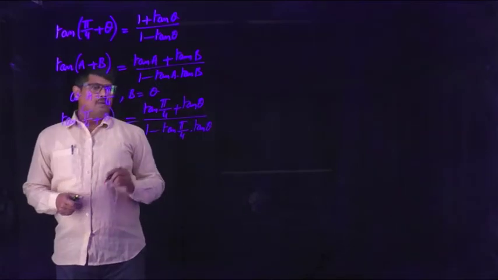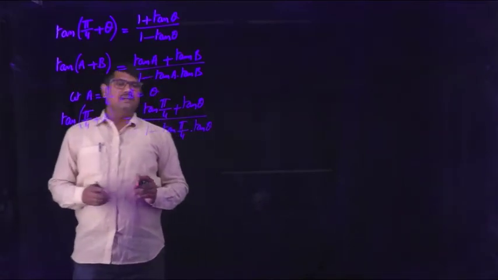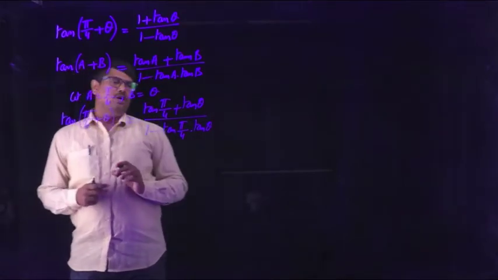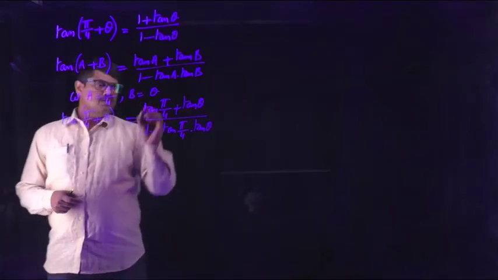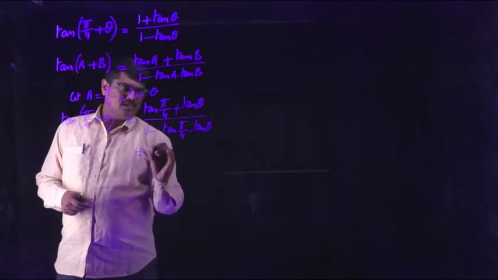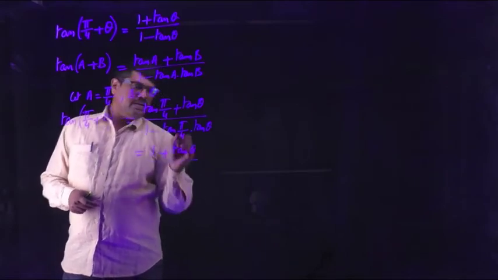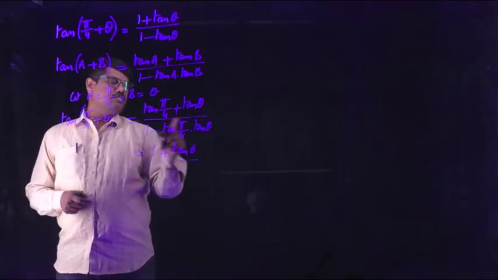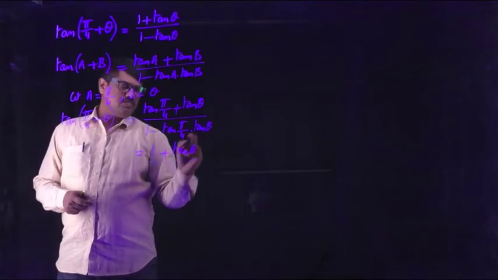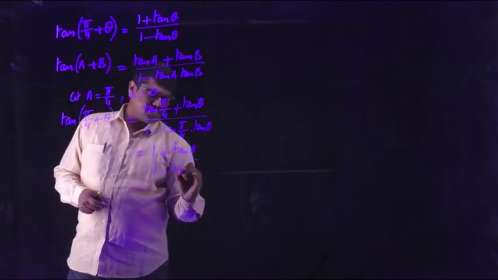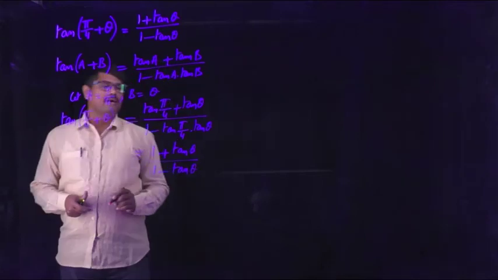Pi by 4 is 45 degrees, and as we know, the value of tan 45 is 1. So tan pi by 4 is 1. This becomes 1 plus tan theta by, in the denominator also, tan pi by 4 is 1, and 1 into tan theta becomes tan theta. So you will get 1 minus tan theta.